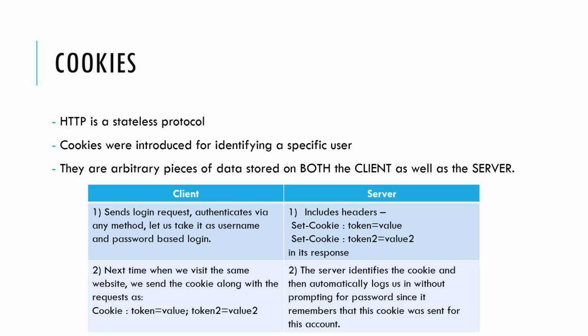The next time we visit the Gmail website, we send this cookie along with our request. So we have a special header in our request stating Cookie: token= that random value, and then the server looks at that value and identifies that this value was sent to this client and correspondingly logs us into the account. So this is the use of headers in cookies.